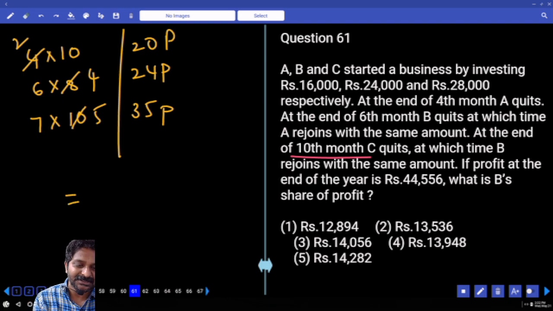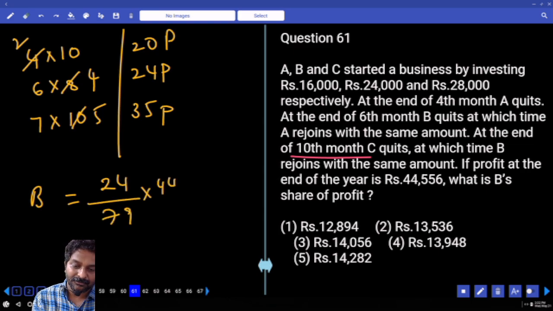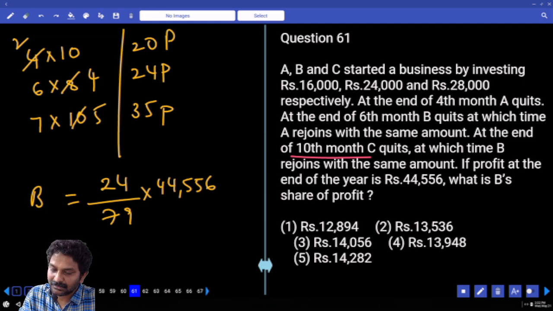The question is about B's share, right? B is getting how many parts out of the total? 44, 55, 6, correct?